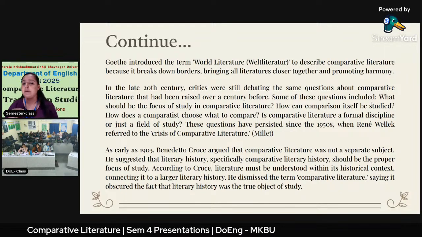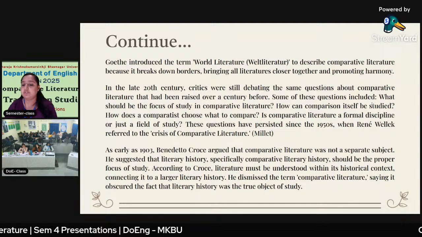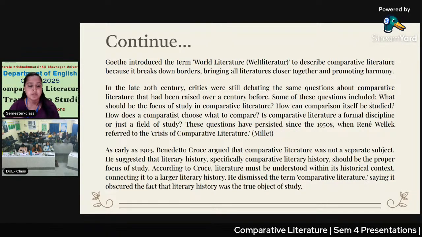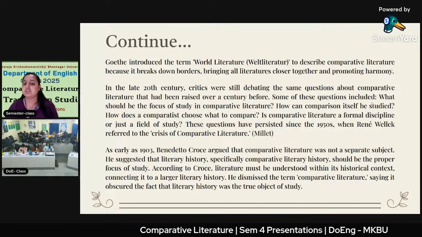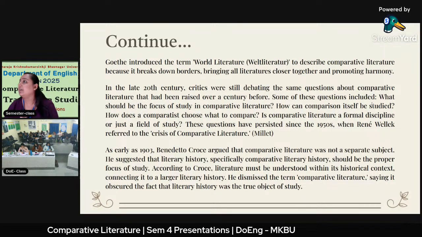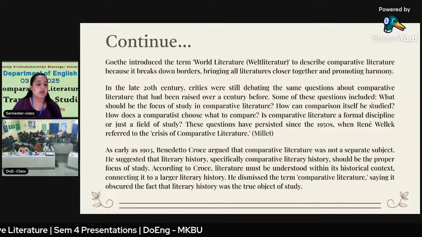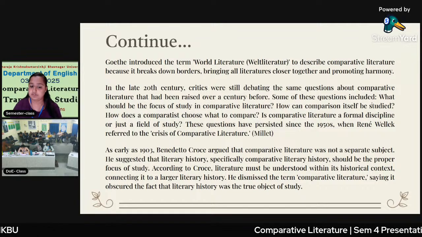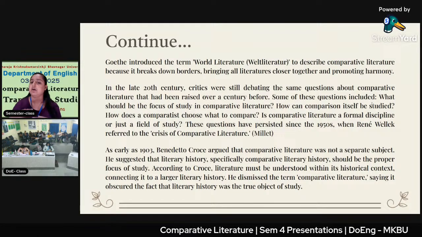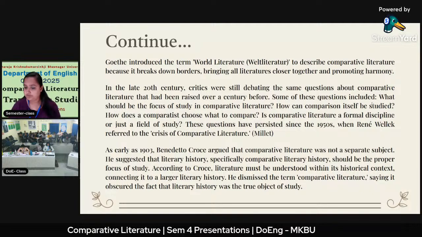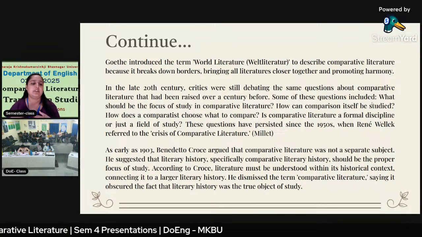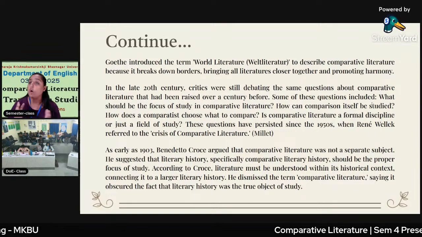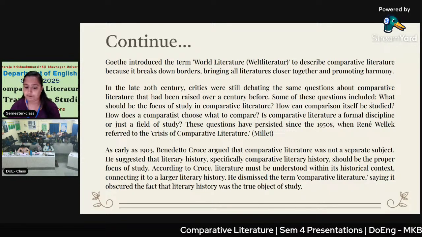According to him, literature must be understood within its historical context, or more than that, connected to the larger literary history. He dismissed the term comparative literature in one place, saying that it obscured the fact of literary history as the true object of study.